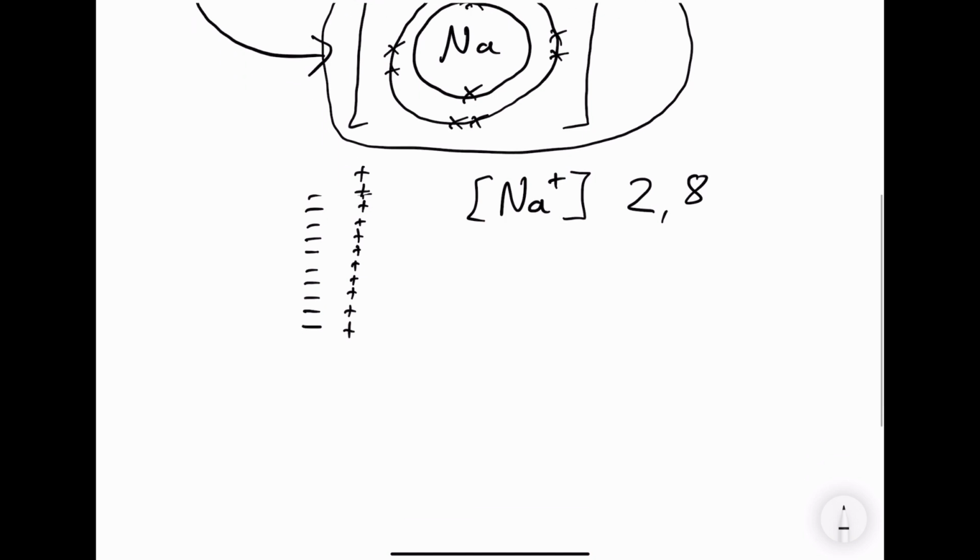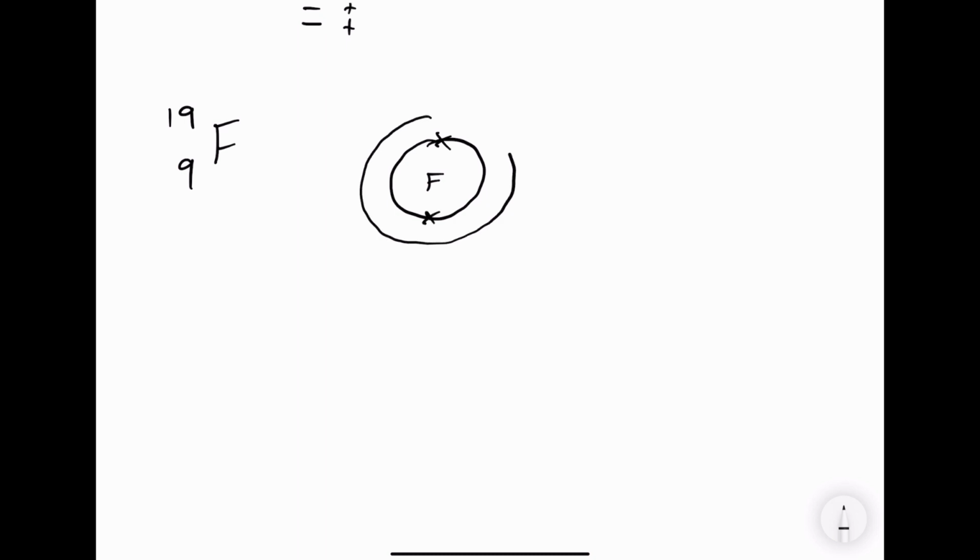If we look at another example, something like fluorine. Fluorine has an atomic number of 9 and a mass number of 19, which means that fluorine has 2 electrons in its first shell, and it has 7 electrons in its outer shell.